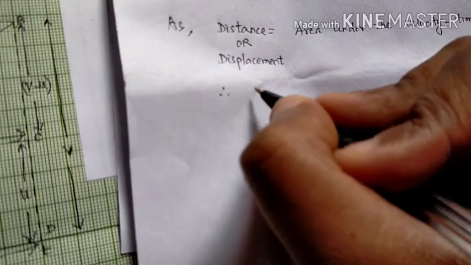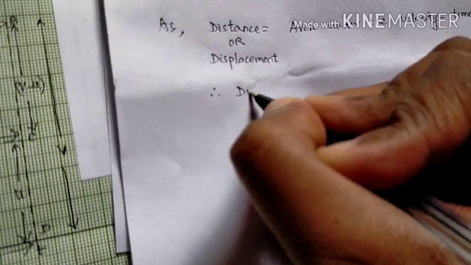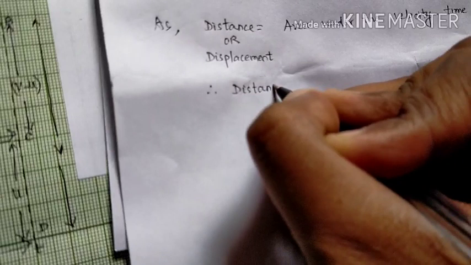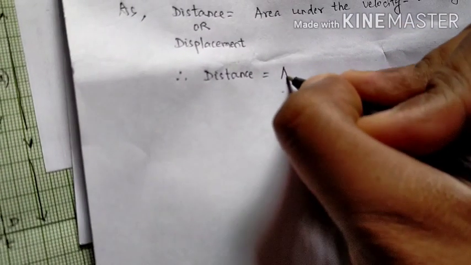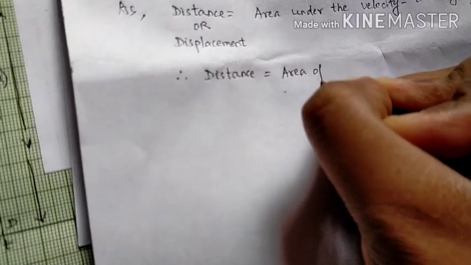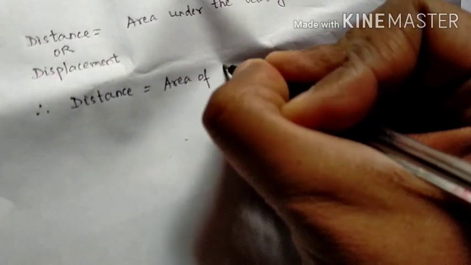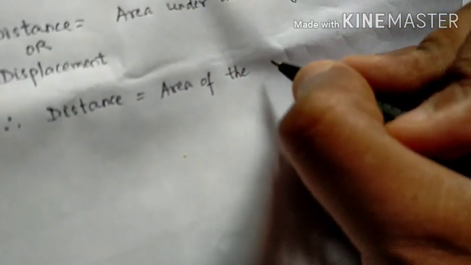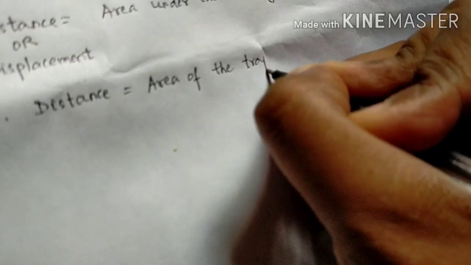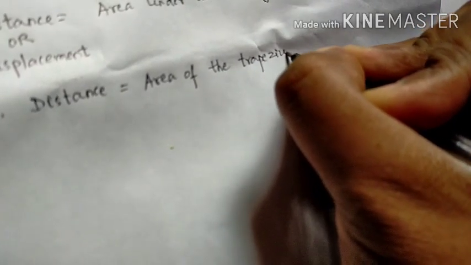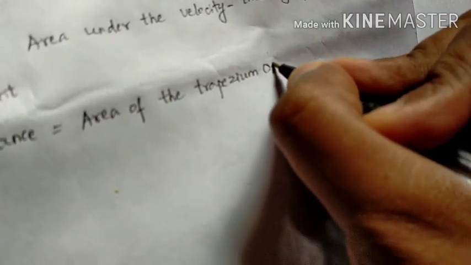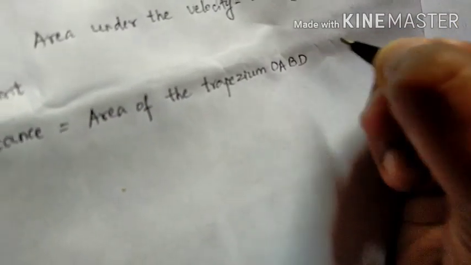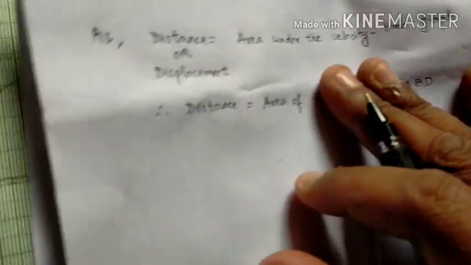So therefore, distance or displacement is equal to area of the trapezium OABD.